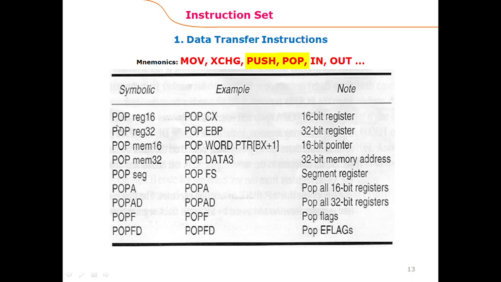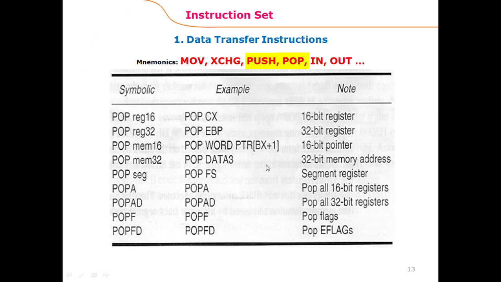For example, this POP register 16, we have seen an example of this. So a 16-bit value from the top of stack is popped and stored in this CX register. Similarly, a 32-bit value can be popped from the top of stack and stored in this register.